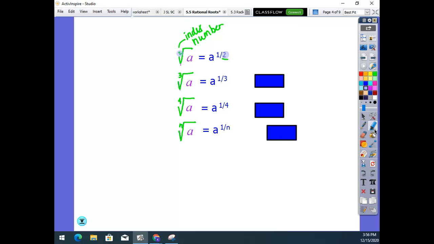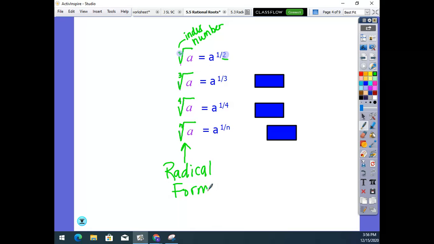So each time, if you're changing it, this is what we call radical form. And this side is what we call rational form, because exponents are fractions, they're just ratios. This is the rational form, the radical form. So anytime you go from radical form, you take the index number and put it in the denominator of the exponent.